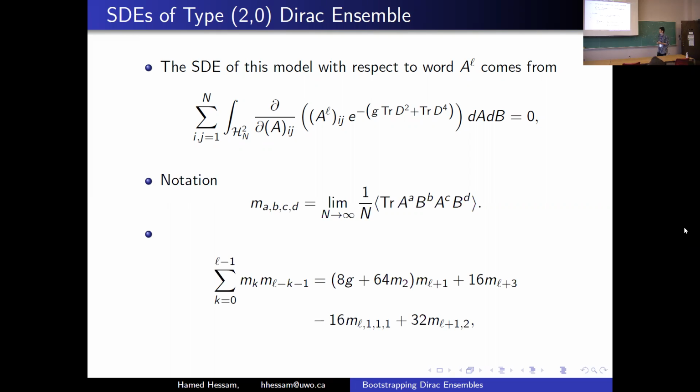But just M_A, is this one trace of A, or do you have just one? Yeah, both are the same because A and B are symmetric. And if you have just two indices in the last term. Yeah, this is A to the power L plus 1, B to the power 2. Okay. Or B to the power L plus 1 and A, it doesn't matter.